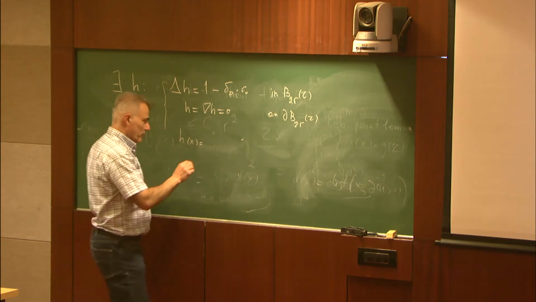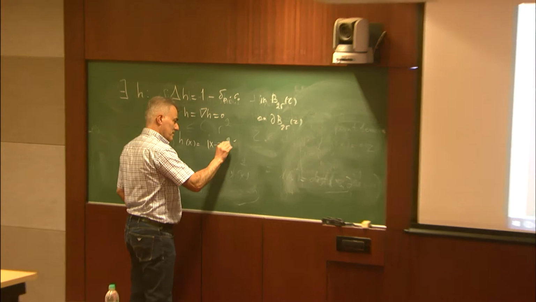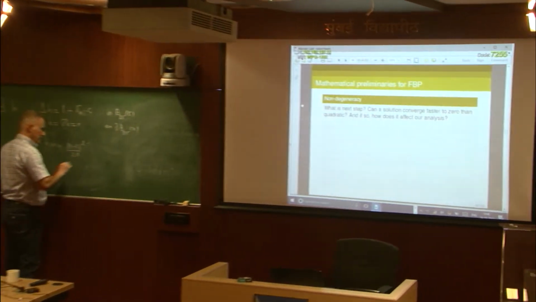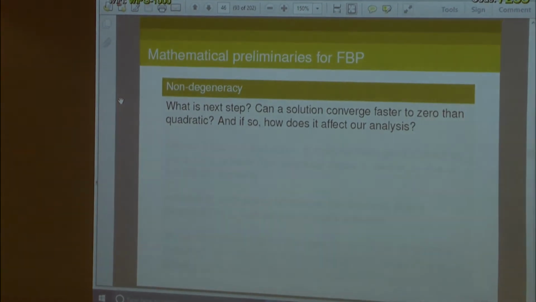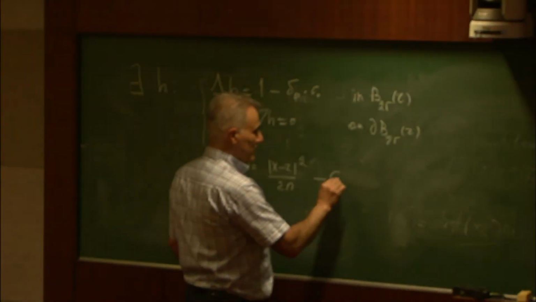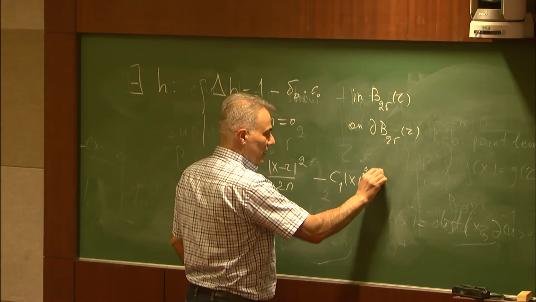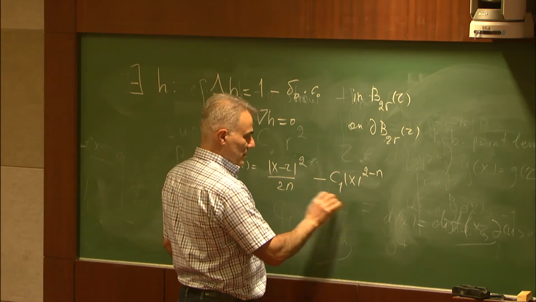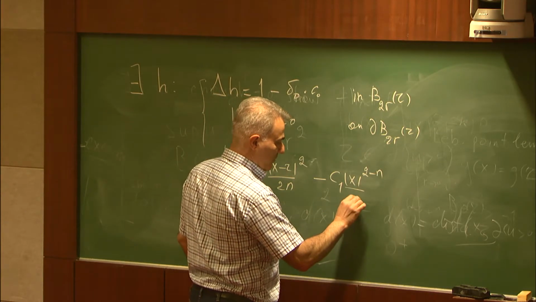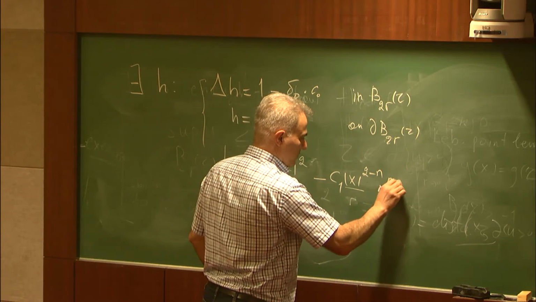If the center is the origin, it's going to be x minus z, I have to translate it, squared divided by 2n. Laplacian is exactly 1 for this. And then I have the Dirac source. So it's minus some other constant maybe here, |x| to the power 2 minus n. I have to adjust it with an r here, r to the power n minus 2 or something.